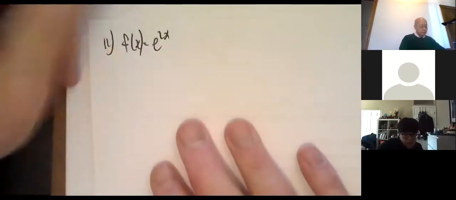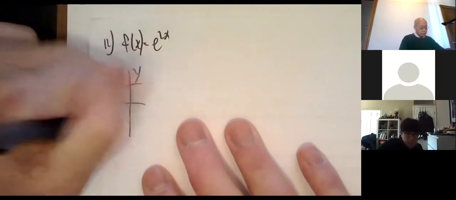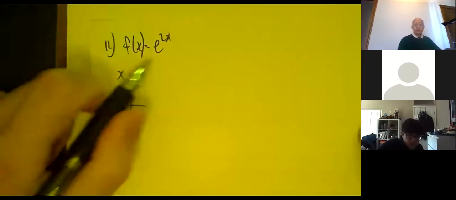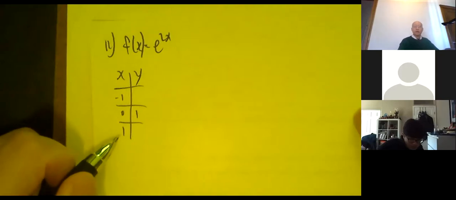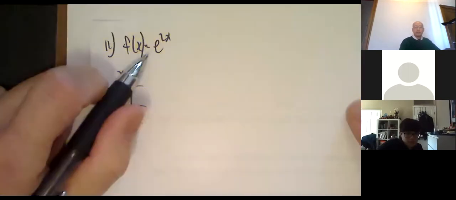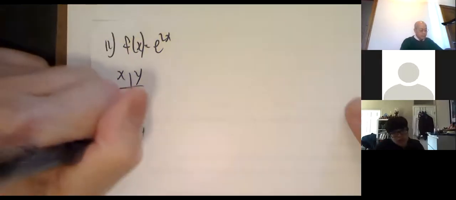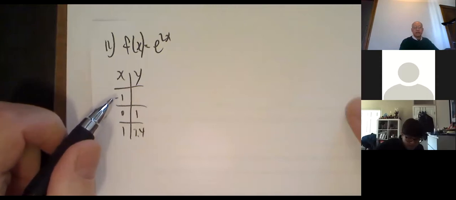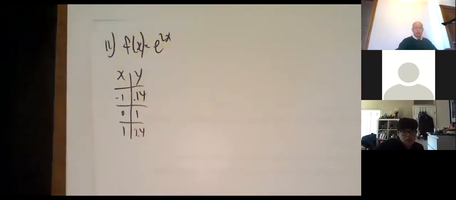E to the 2x. Okay, I'm going to make a real small chart. If I plug in 0, I get 1. If I plug in 1, I have e squared, and if I look back to my table, that was 7.4. If I plug in -1, that's e to the -2, that was like 0.14.